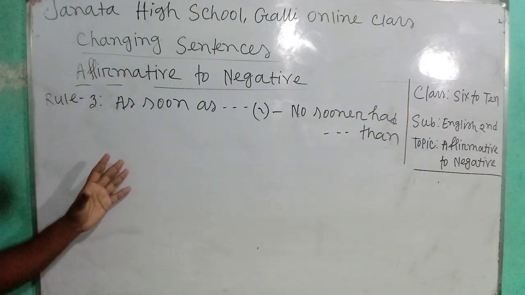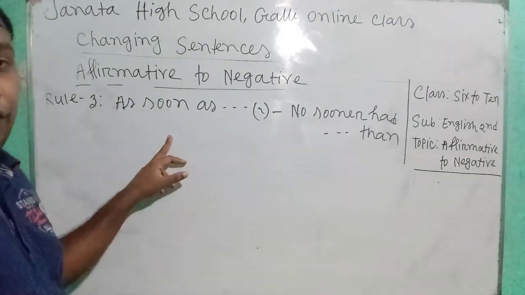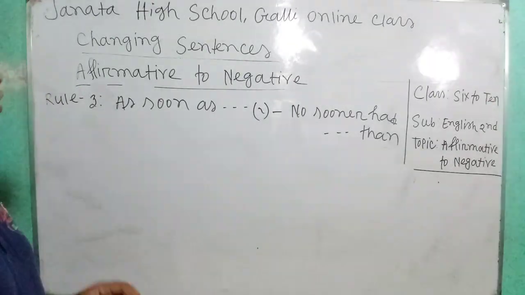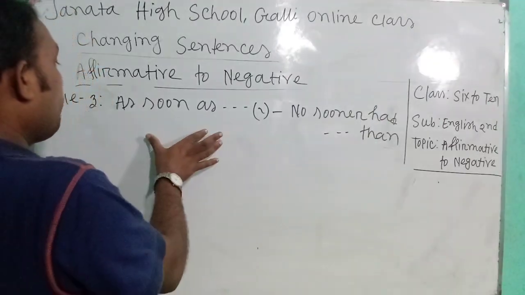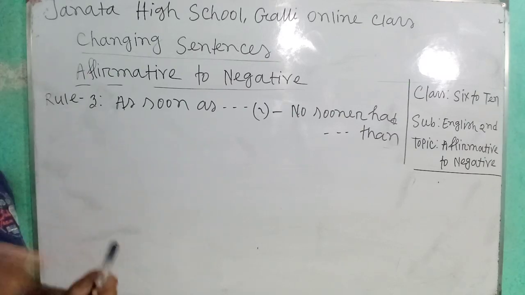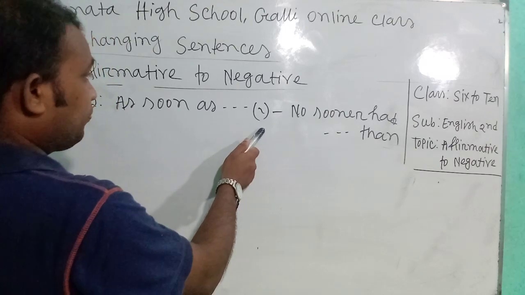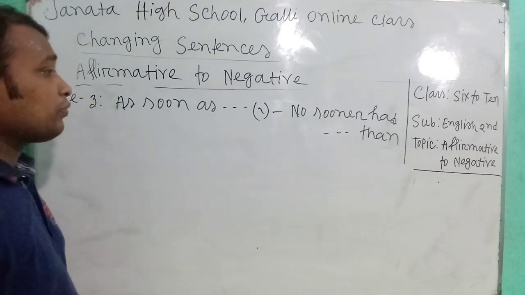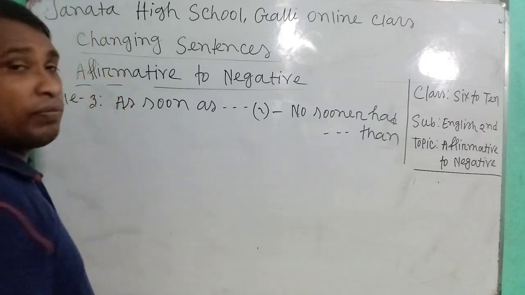If we find the phrase as soon as in an affirmative sentence, we have to use no sooner had instead of the phrase as soon as. And then if we find a comma, we have to use then instead of the comma.